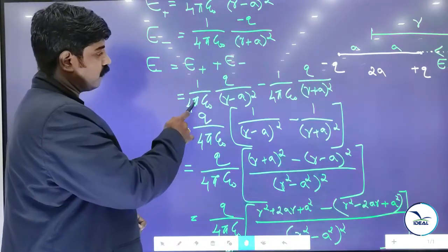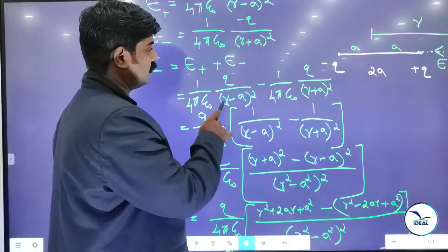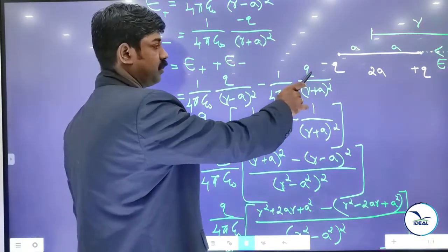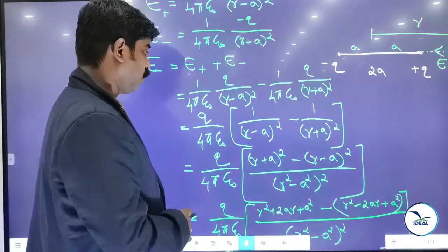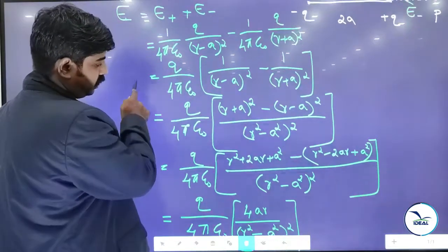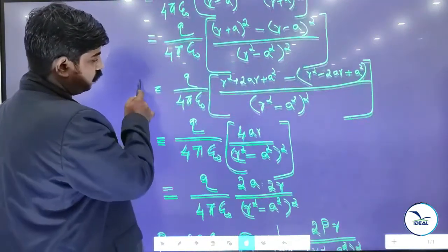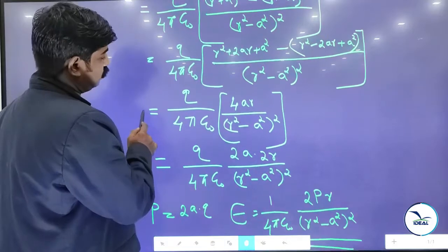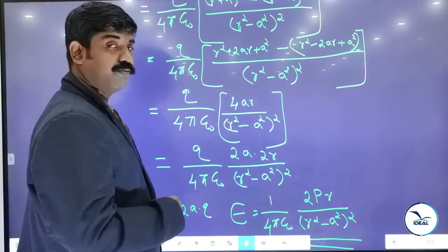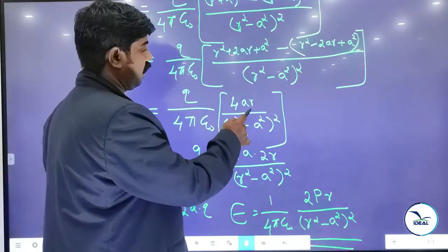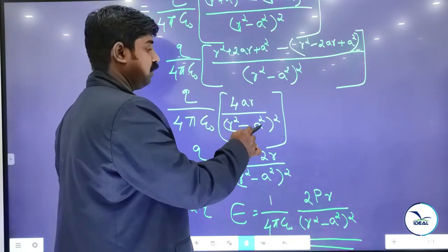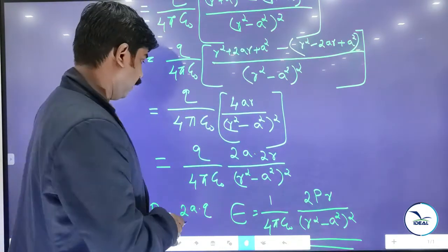So we will get 1 by 4 pi epsilon 0 q by (r minus a) the whole square plus 1 by 4 pi epsilon 0 q by (r plus a) whole square. We can solve this equation, and after that we got E is equal to q by 4 pi epsilon 0, 4ar divided by (r square minus a square) the whole square.